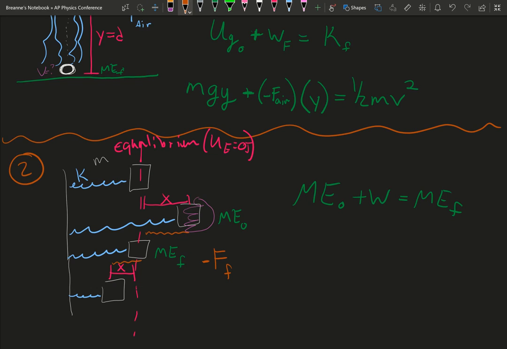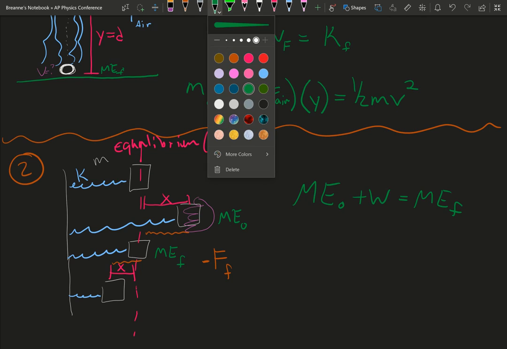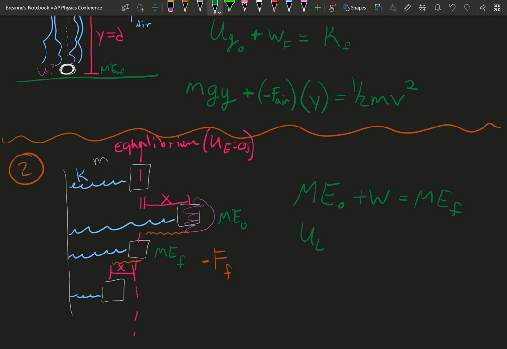The type of energy it has is our elastic potential, plus whatever work is happening, which will be work done by friction again, equals, in the middle, just kinetic energy.